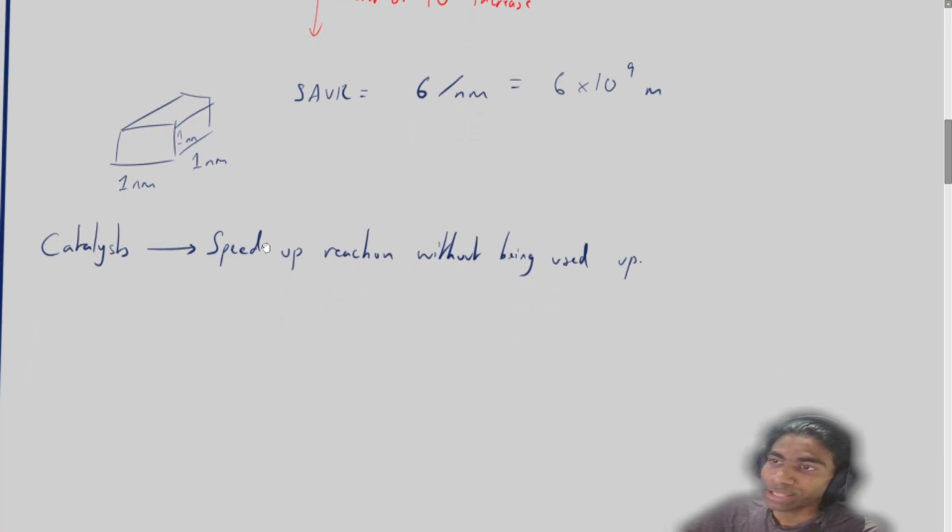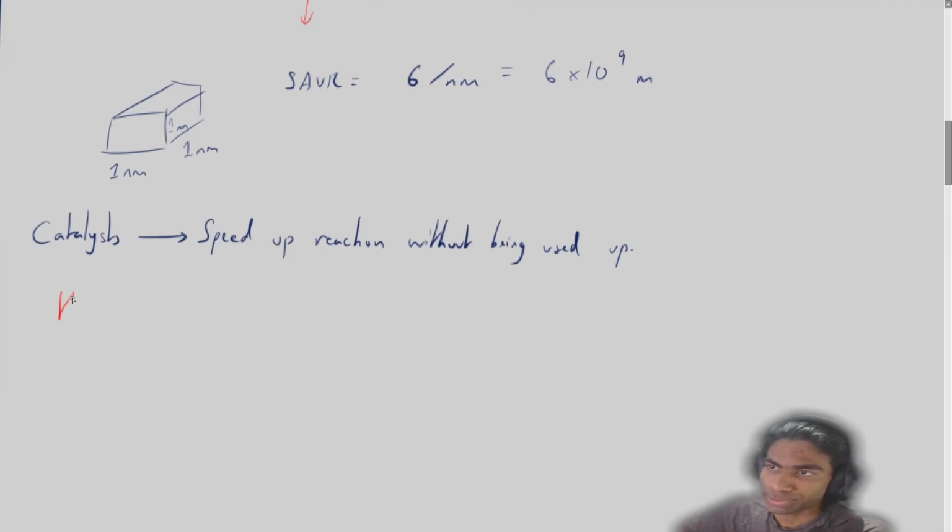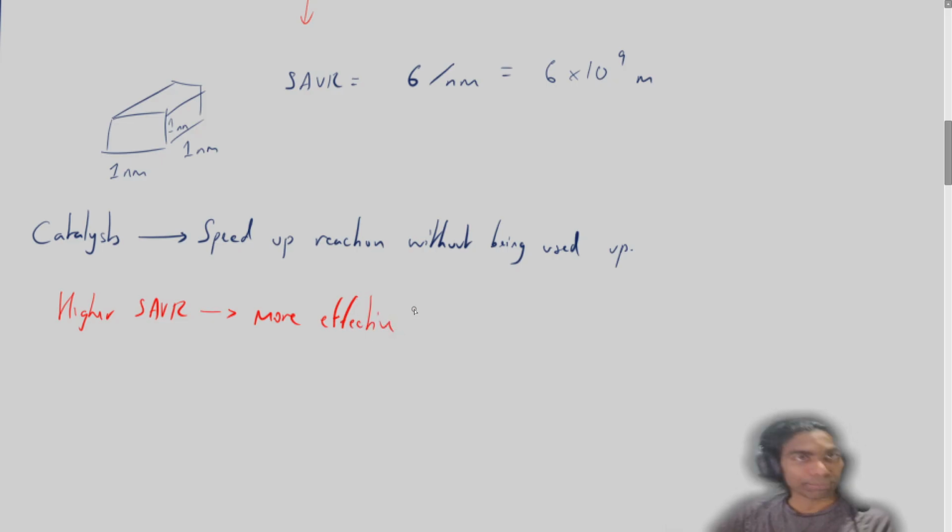But my point is, if you have a catalyst with a higher surface area to volume ratio, it's only then that it becomes more effective. Meaning, for industrial applications, if you have a fluid and you are throwing some solid catalyst into that, throwing in a big brick of a solid catalyst is a pretty bad idea.